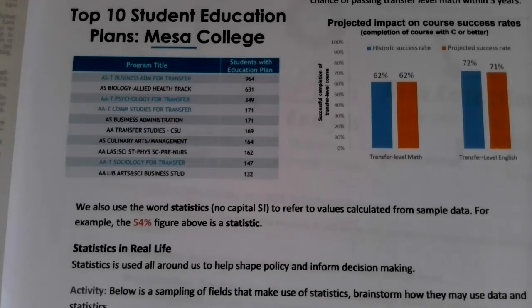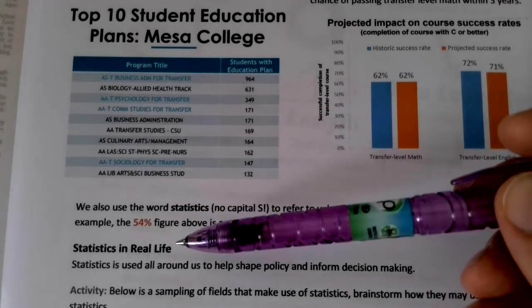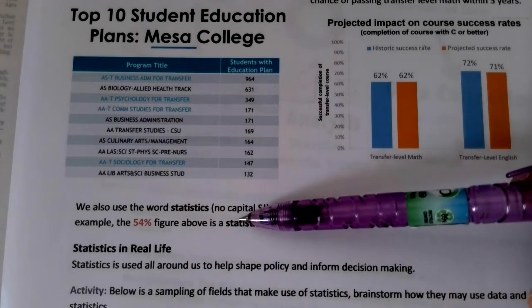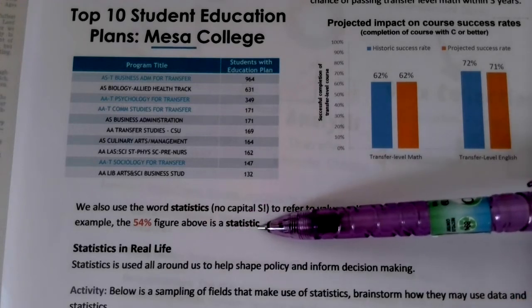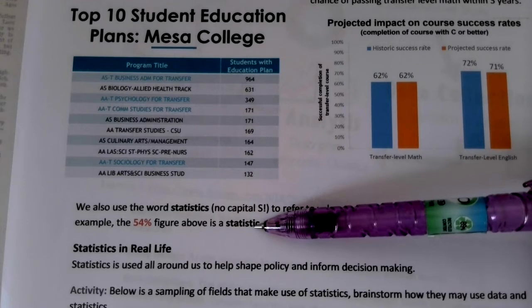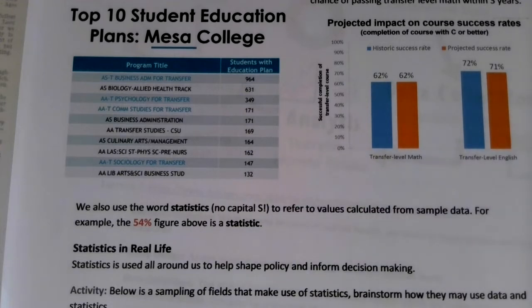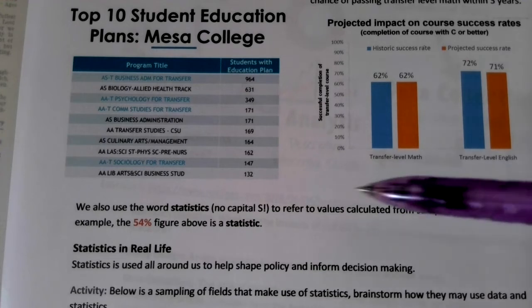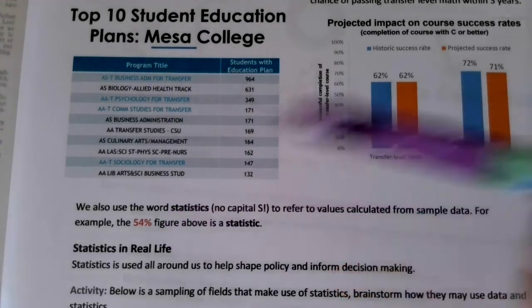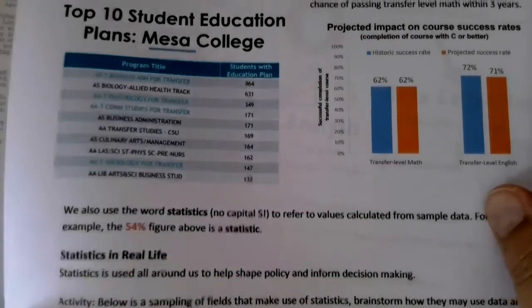Another thing I wanted to talk about here on this first page is the use of the word statistic with a lowercase s. The word statistic with a lowercase s usually refers to a characteristic of a sample. For example, here it says the 54 figure above is a statistic.